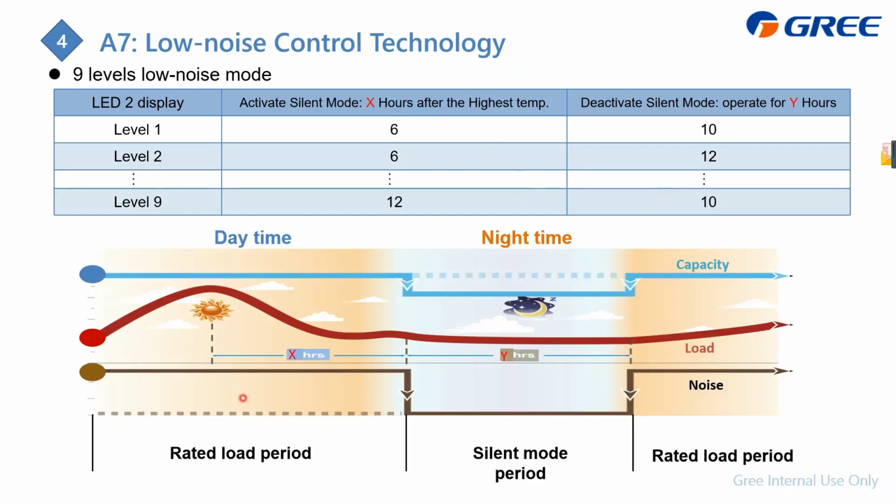And we can set these 2 times: the daytime we can set to X hours and the Y hours, and these 2 interval times can be changed, and totally 9 modes can be chosen. Once set, the unit can run in this mode day after day, and there is no need to set this mode every day. It's a low noise control technology.